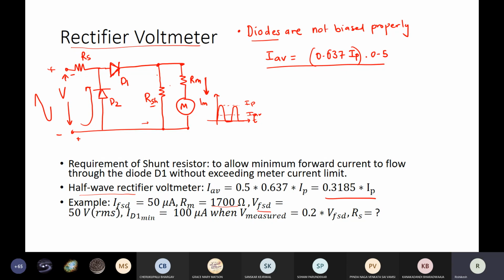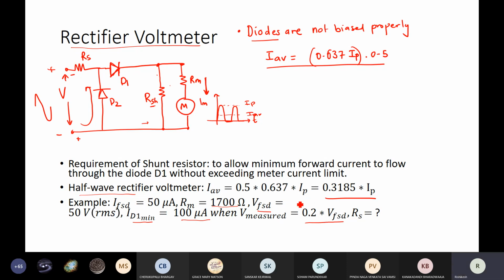We are designing it with a half wave rectification, wherein we need to ensure that minimum 100 microampere must flow through the diode when the meter is measuring 0.2 times the full scale deflection voltage.